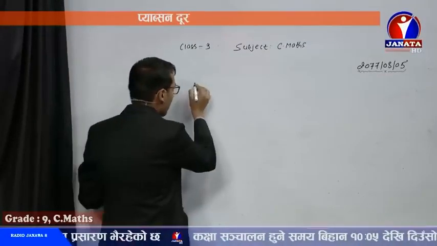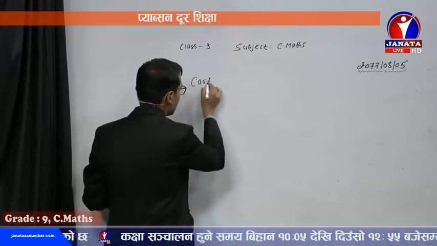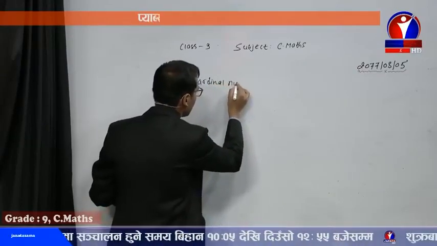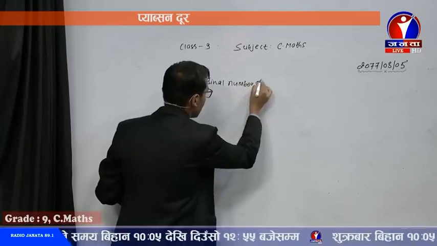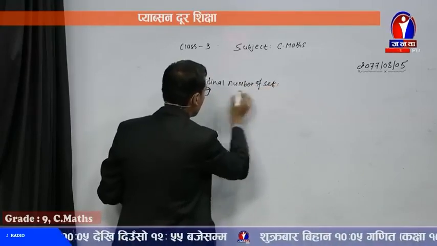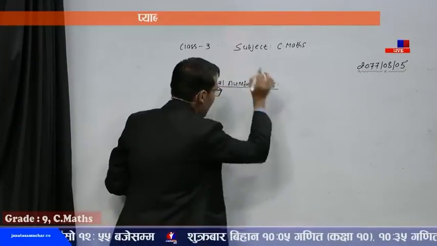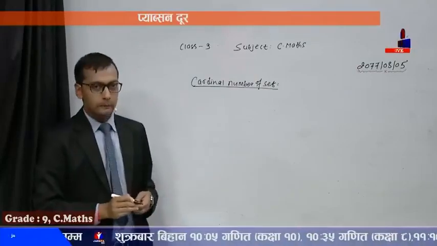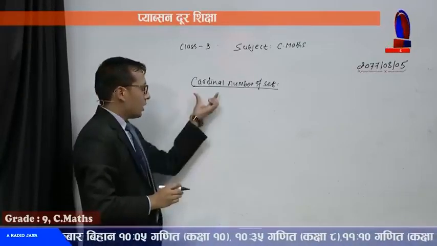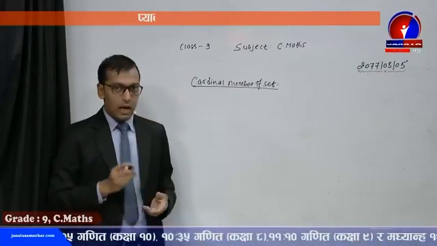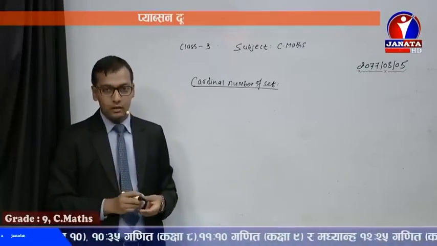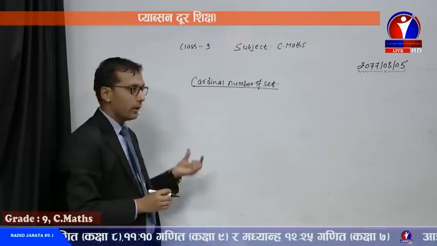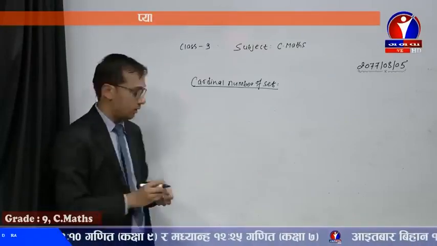What is the cardinal number of a set? The cardinal number of a set is the total number of elements contained by the set.